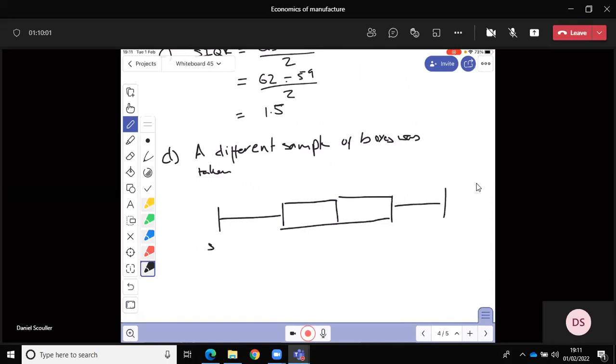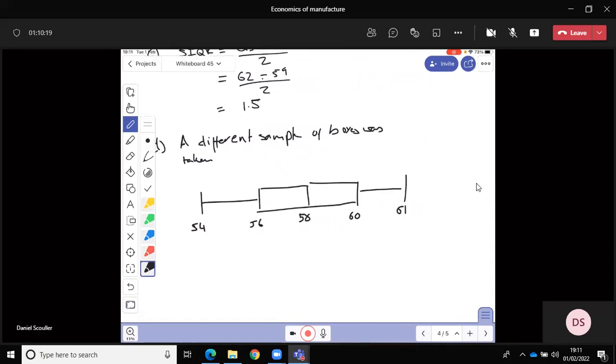They put the numbers, 54... So a different sample of boxes was taken, and it gave the results in a box plot like that. That should be 58. My pen's not too accurate tonight.